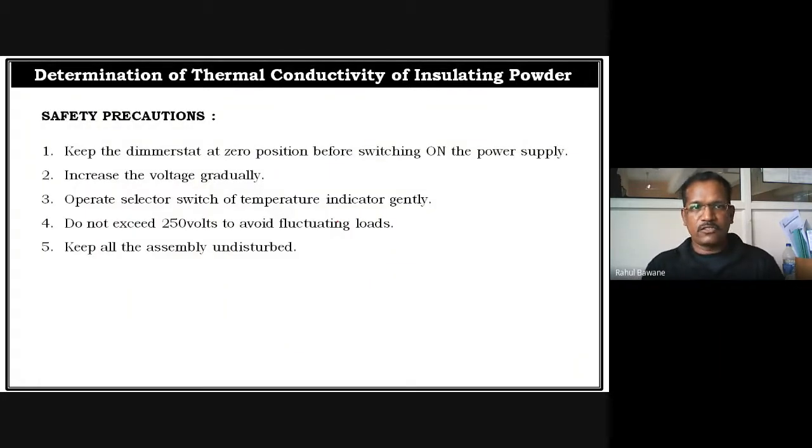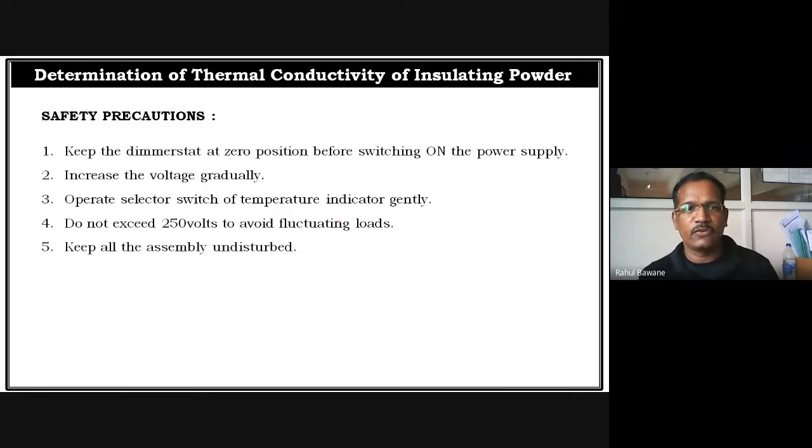Next, safety precautions. Always remember, for any equipment which has a dimmerstat, before starting your equipment, check whether your dimmerstat is at 0 or not. If it is not, then make it 0, and then start it. While setting a particular voltage, don't rotate the dimmerstat at a very high speed.